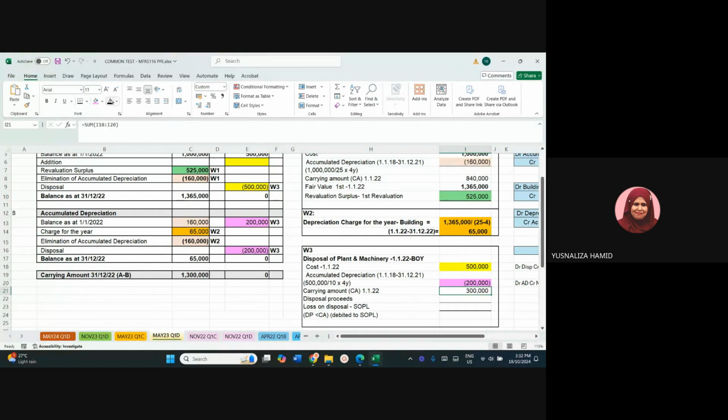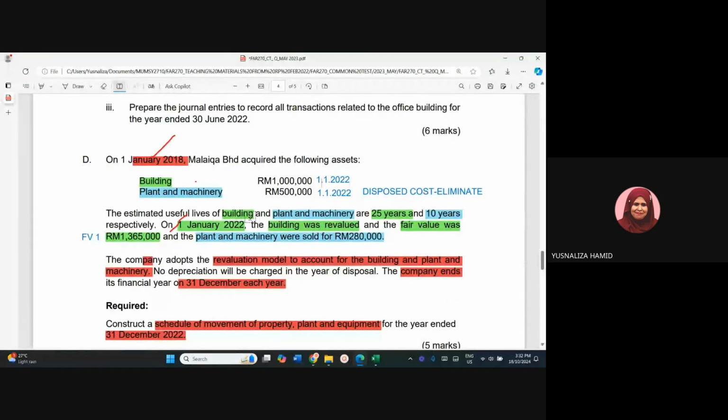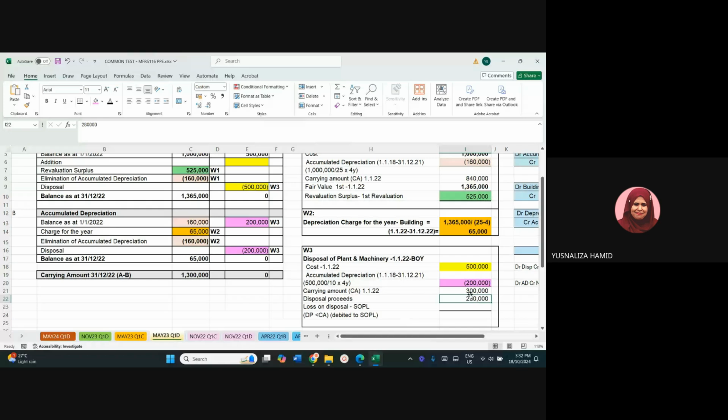Disposal was given in your case. The proceed is how much? The proceed was given in the question was, go and check. If you check the question, you can check it was 280,000, the proceed. So if we compare the proceed here, this one, right, with the carrying amount is 300,000, you have a loss.